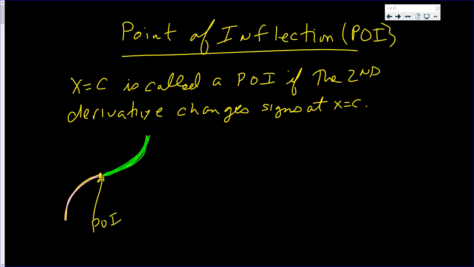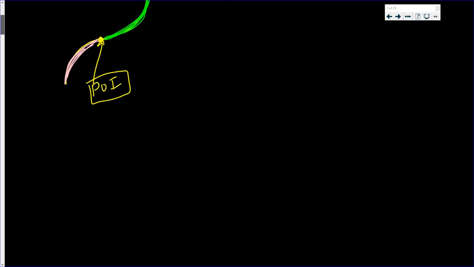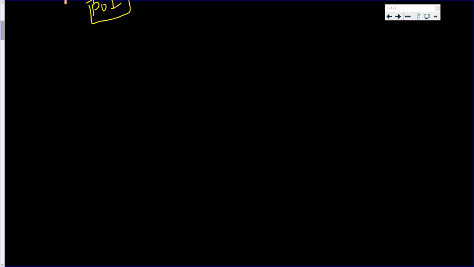This is part of concave up, this is part of concave down. They meet right there in the middle. That's where you have a point of inflection. Now, some people may tell you that you have a point of inflection every time the second derivative is 0. Well, let's examine that. Let's examine that closely.